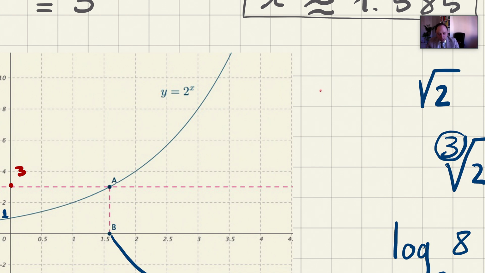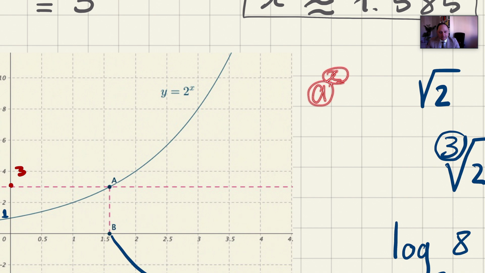So the exponential function is a function of this form. X is variable, a is a constant, but I told you there are some limitations for the base. Do you remember what those limitations were? There were 2. It must be a real number. No, real number is not a limitation, we are always working with real numbers. Yes, it cannot be 0, but this is not the only one.